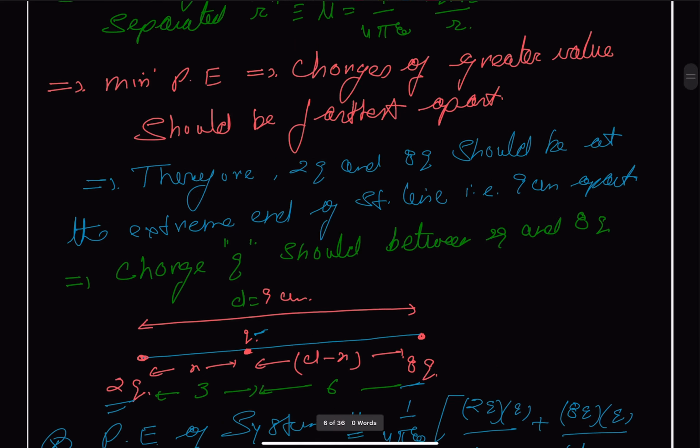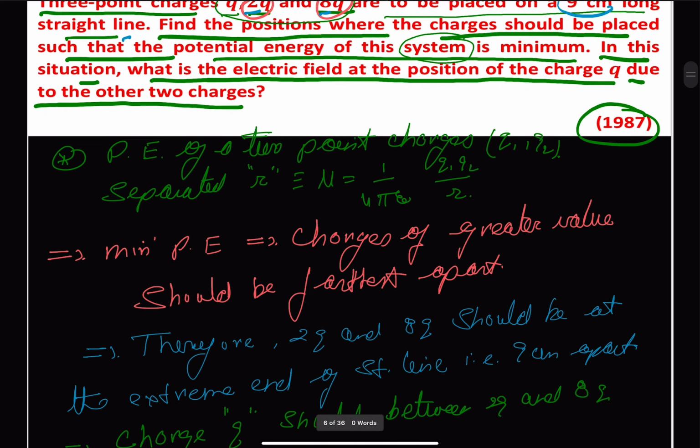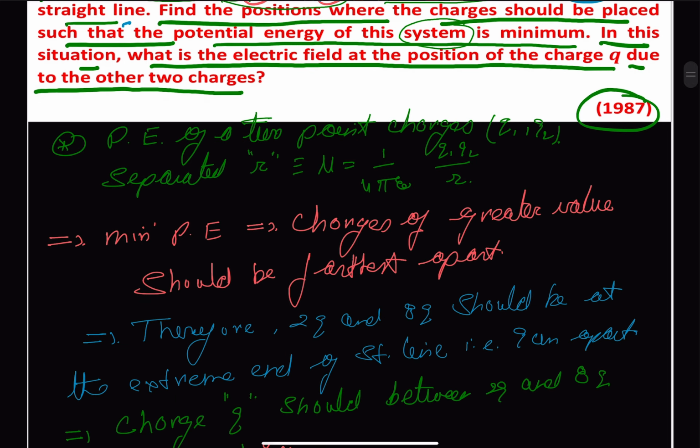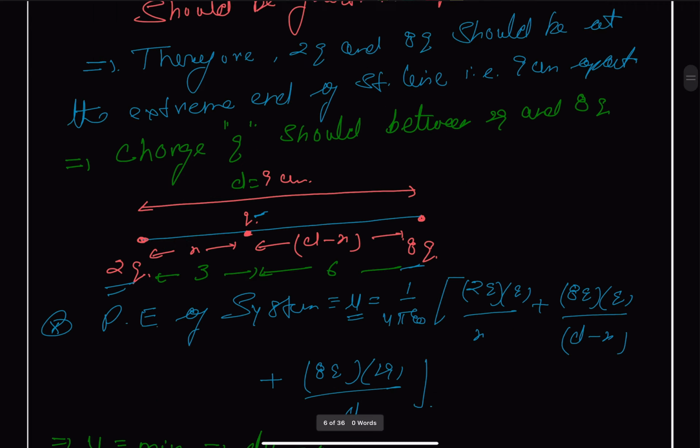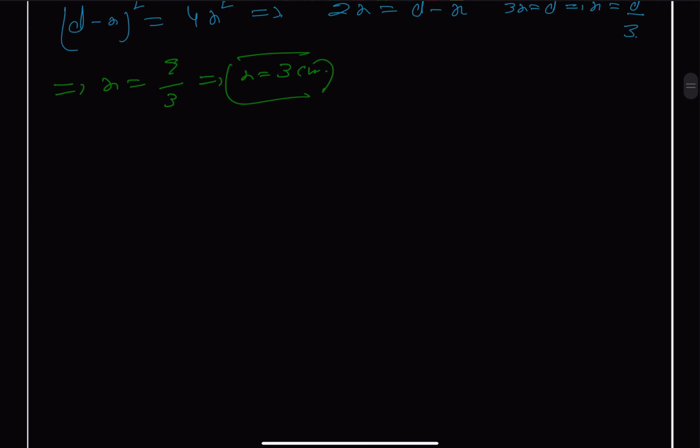And second part, we need to find out the electric field at the position of charge Q due to the other two charges. Okay, so we need to find out the net electric field.